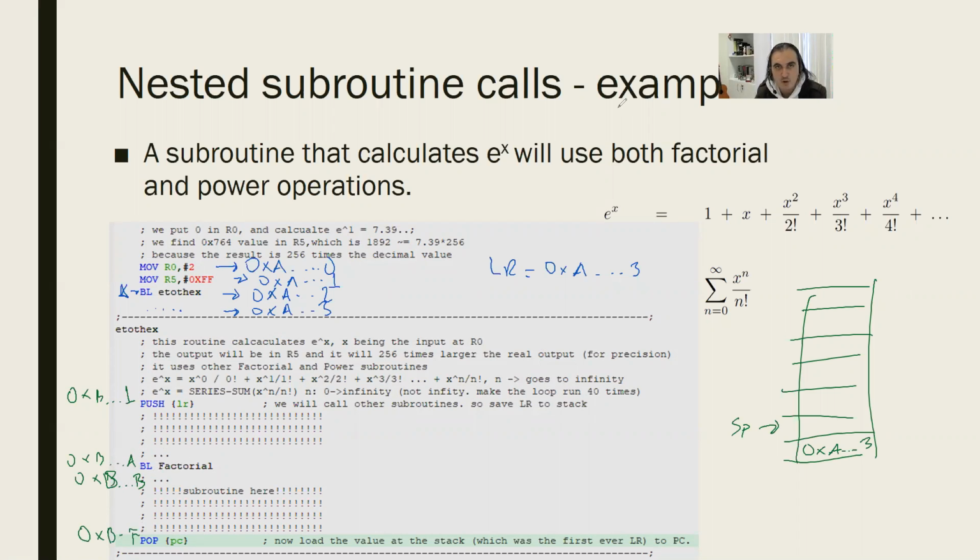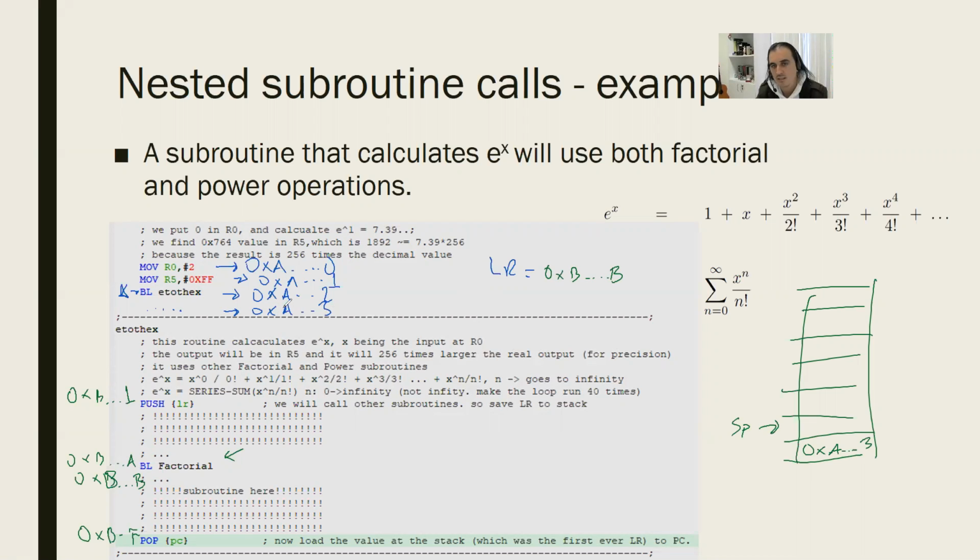So the value of LR will change, right? When I executed this line, it became 0B. Well, I lost my way back to here.